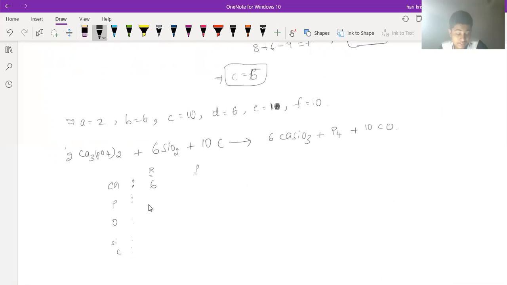What about phosphorus? 4 and 4. Oxygen? 16, 18? Check it properly.